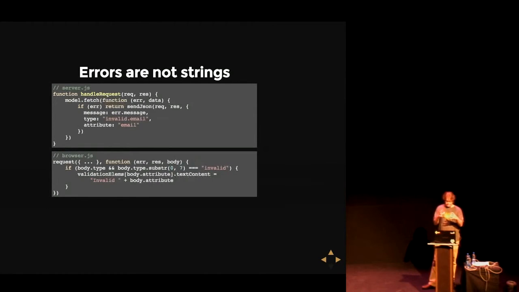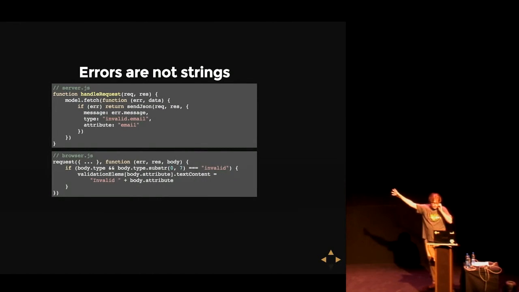So an error, you can think of it as having a message, having a stack. You have certain types of errors, and you have all kinds of metadata on them. Specifically for validation purposes, it's really useful to put meta information on your errors so that you know how to deal with them.